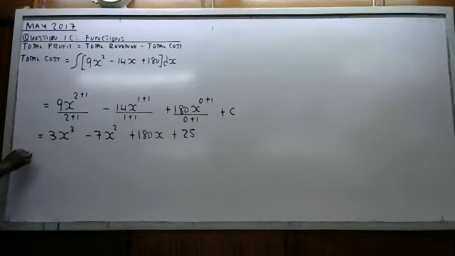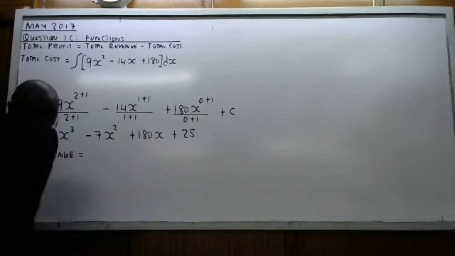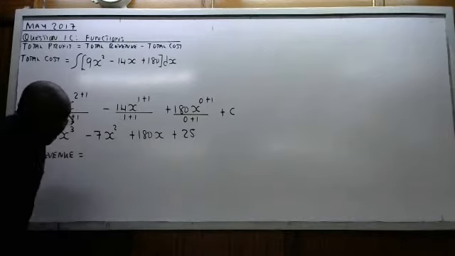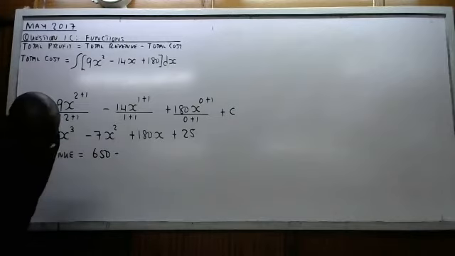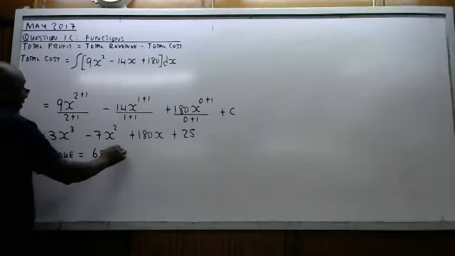Now we proceed to look for total revenue. When you go to the total revenue, you find that they have given you average revenue 650 minus 15x.